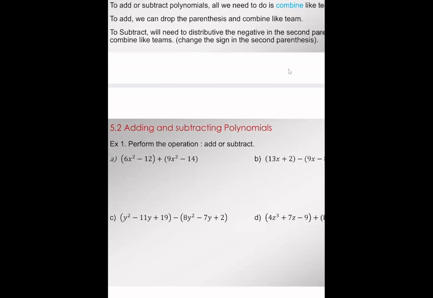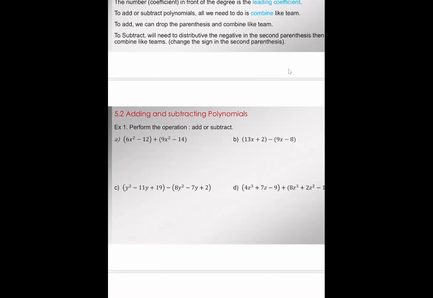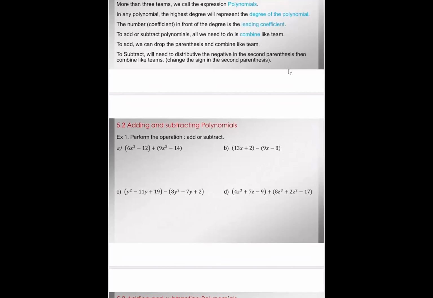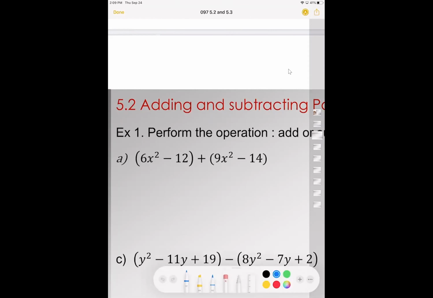And you will see that A, B, C, and D basically tell you to add the polynomials. So if you look at A, let's focus on A first. We have a binomial, a two-term, added to a binomial.